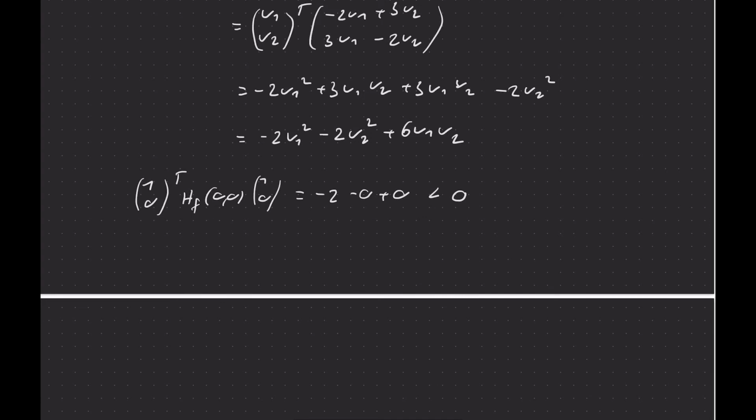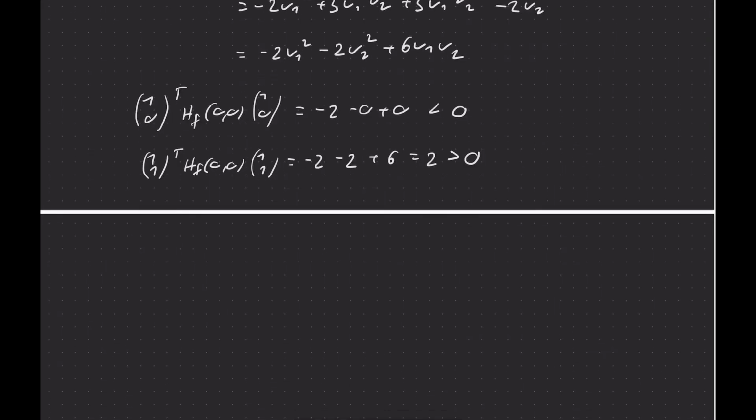And the answer is yeah, probably yes, if we just lay enough weight on this part here. So for example, if we use the vector 1, 1. Now what happens is we get, again, -2 and a -2 for the V2 part. And then we get 6 times 1 times 1. So plus 6. So that's 2, and that's obviously positive.